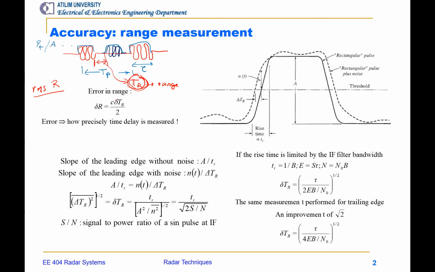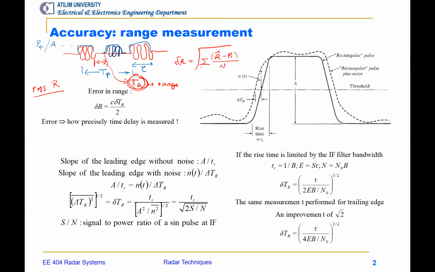By the way, let us go back to RMS error, how to measure RMS error. It's a root mean square value actually. So we assume that we have a collection of data. Let's say R cap, which is the measured range, minus the true range, divided by the number of samples, let's say n.